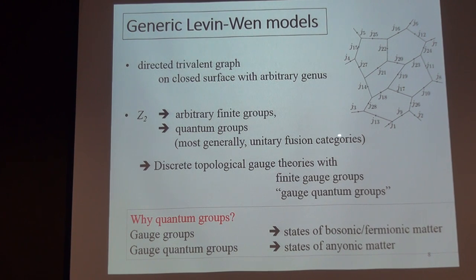Now I will explain briefly what I mean by unitary fusion categories. By this generalization, we can view the Levin-Wen model as a discrete topological gauge field theory with finite gauge groups or gauge quantum groups coming from these input data.